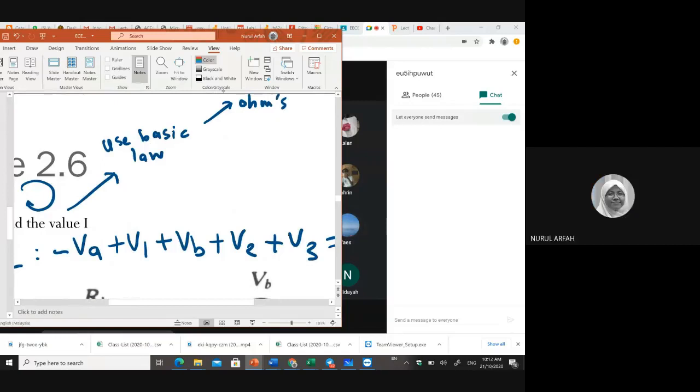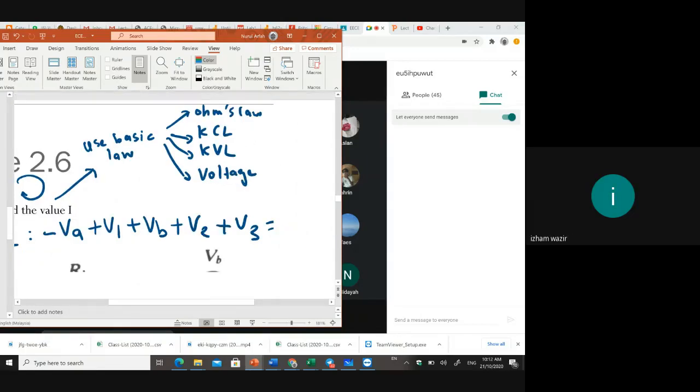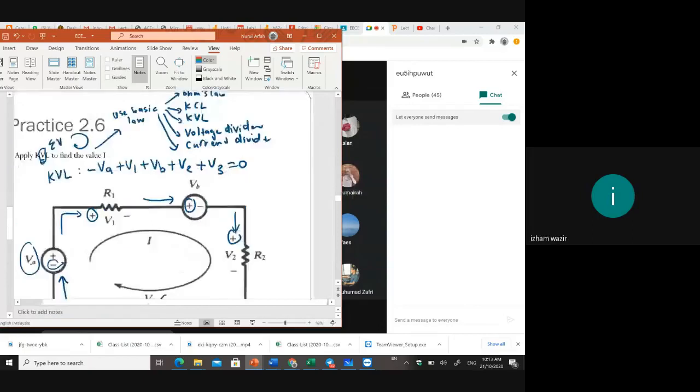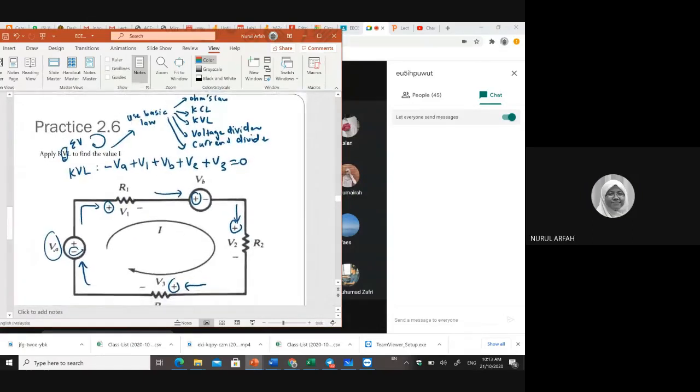More? Kirchhoff current law. Kirchhoff voltage law. More? Voltage divider. Current divider. Yeah, good. Any more? Or only these? I think only these.